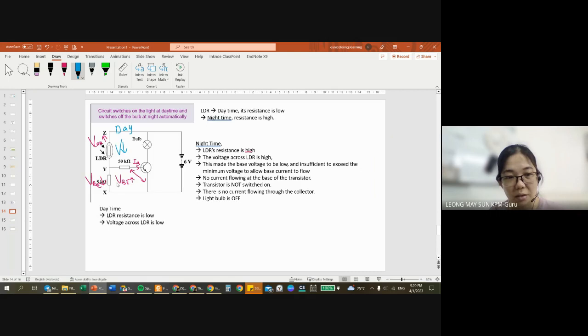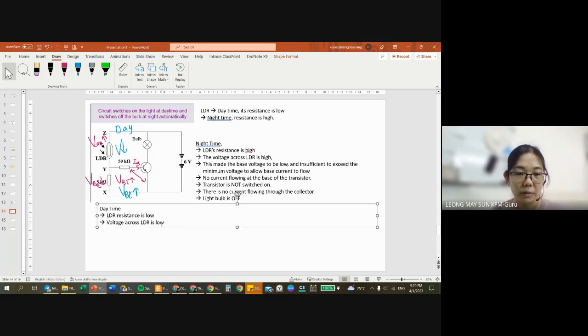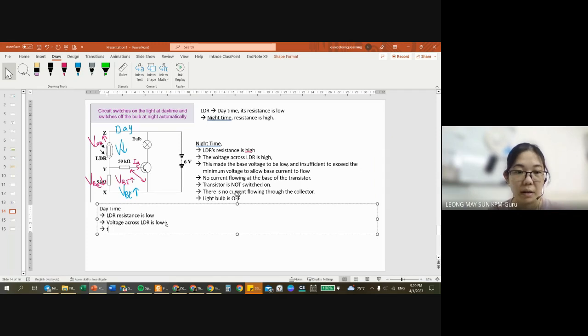If the voltage across the LDR is low, then the voltage across the base and the emitter at the bottom part will actually increase. This made the voltage across base and emitter to be higher.